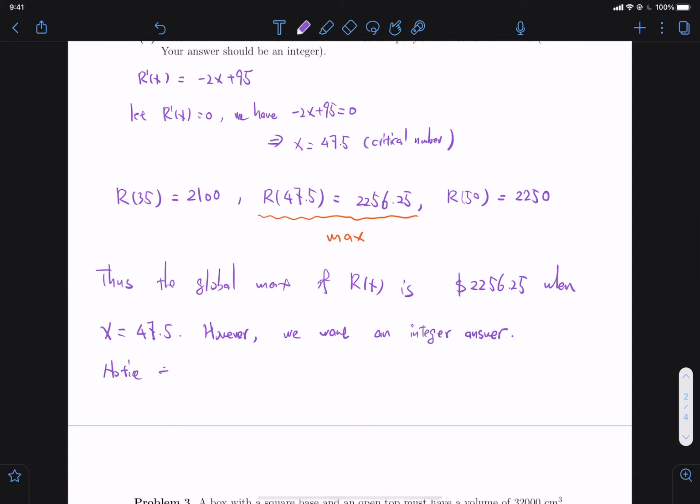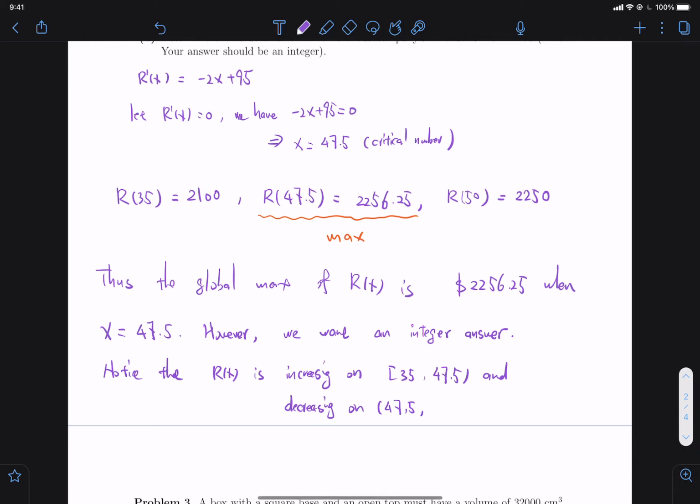Notice that R of x is increasing on 35 to 47.5 and decreasing on 47.5 to 50.